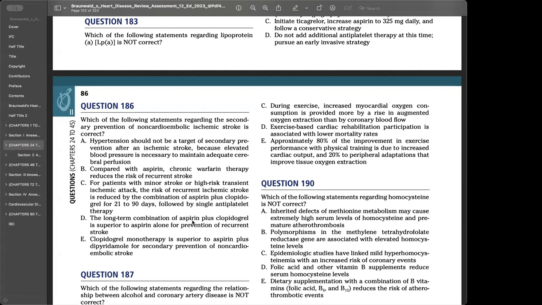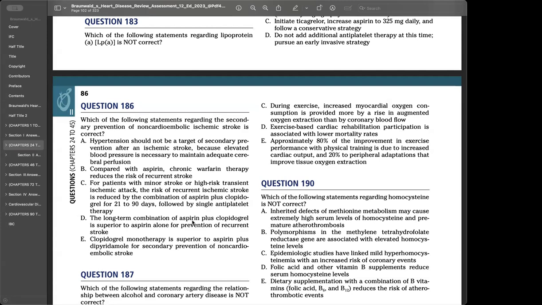So option C and D: it was found that the combination of clopidogrel and aspirin for 21 to 90 days reduces the risk of recurrent stroke. However, use for a duration of more than 90 days increases the risk of bleeding.